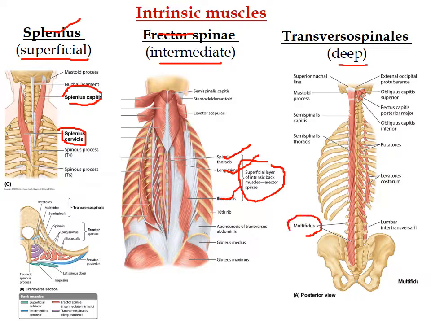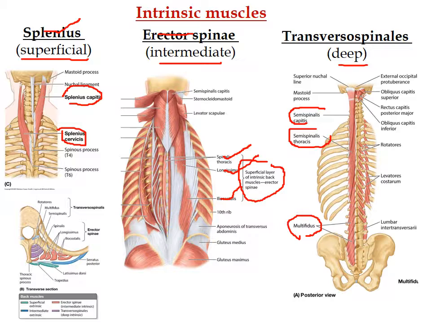You can see the multifidus and semispinalis capitis, thoracis, all of them. You must know the names alone. So superficially splenius, intermediate erector spinae, which again has three parts, then transversospinalis deep, which has semispinalis and multifidus.